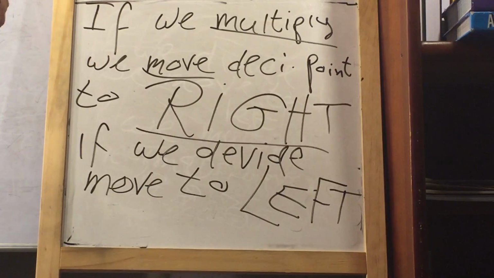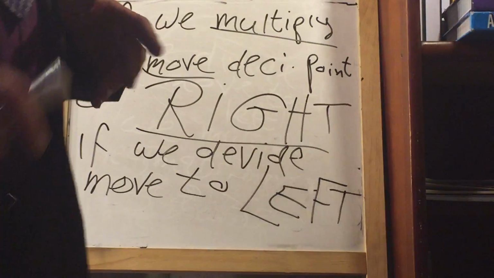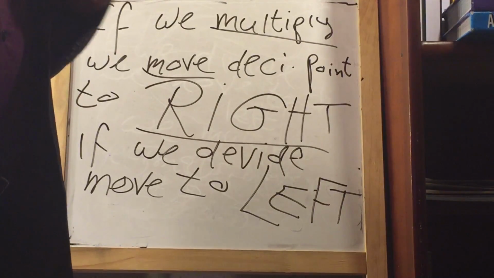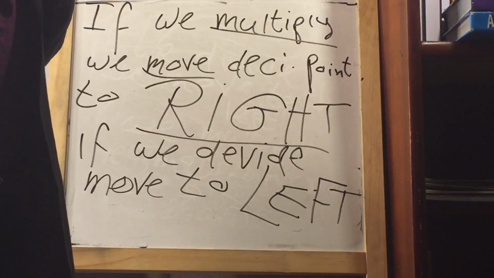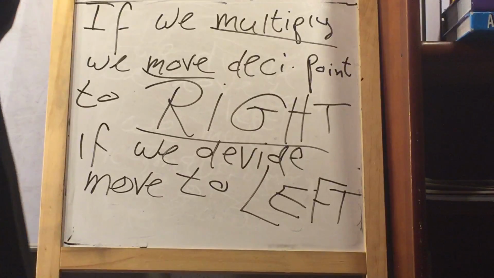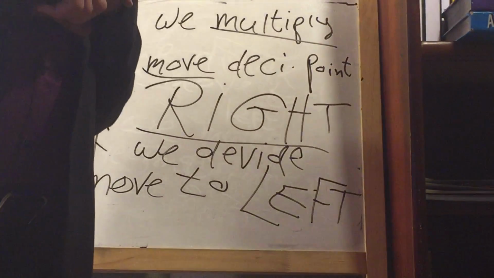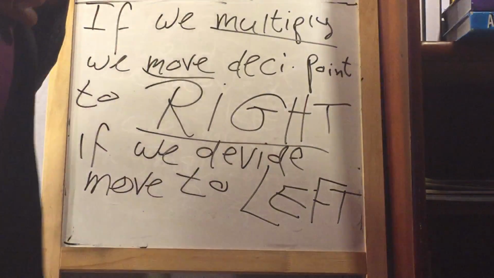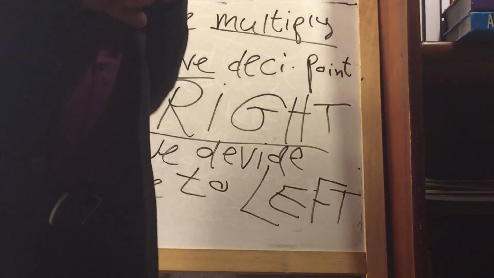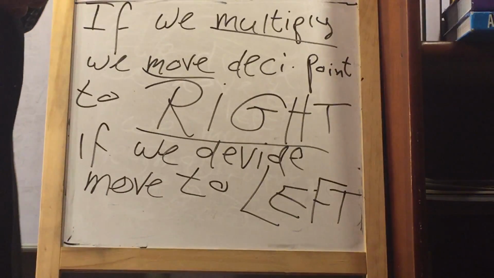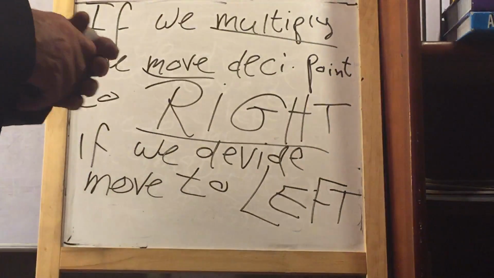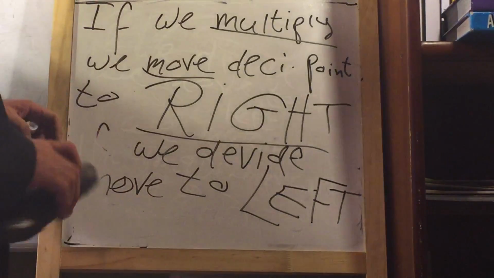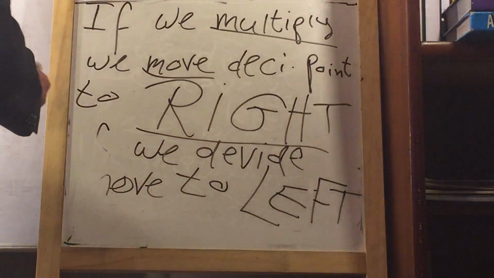Okay, that's very, very important in decimals. How many locations do we move? Well, it depends. We move one place if we have one location after the decimal point, two moves if we have two locations after the decimal point, and so on and so on. Okay, let me give you a second to write this down.